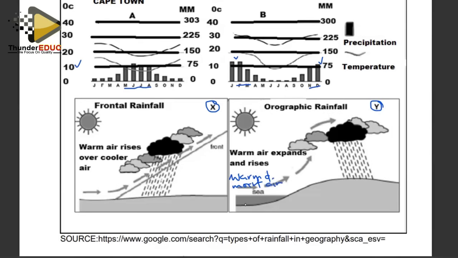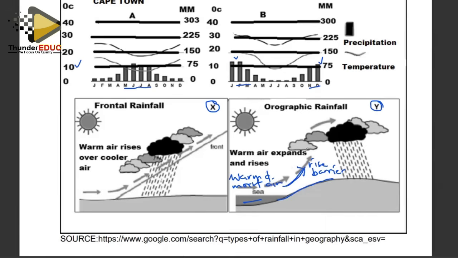This is probably the Indian Ocean, where there's a warm ocean current. Onshore winds from the Indian Ocean are warmed by the warm ocean currents, and they also pick up moisture from the ocean. They become warm and moist. As the winds blow inland, they are forced to rise by a barrier. That is why we are saying it's orographic or relief. There is a relief feature here. You are seeing this forces the air to vertically rise.